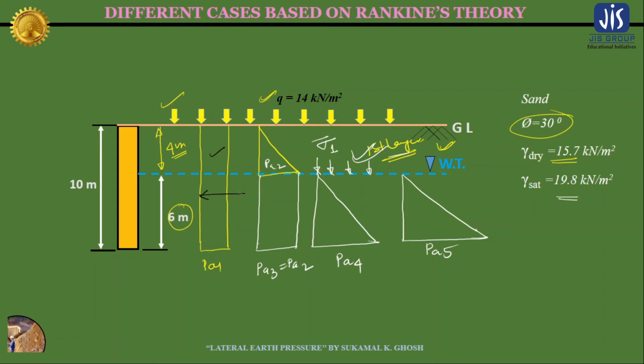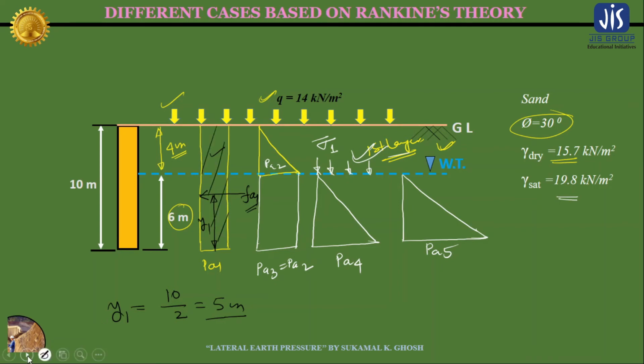This is FA1, suppose, and this height will be, suppose, Y1. So this Y1 will be 10 by 2, that is 5 meter. And what will be the value of this FA1? The FA1 will be the area of this particular pressure distribution diagram.